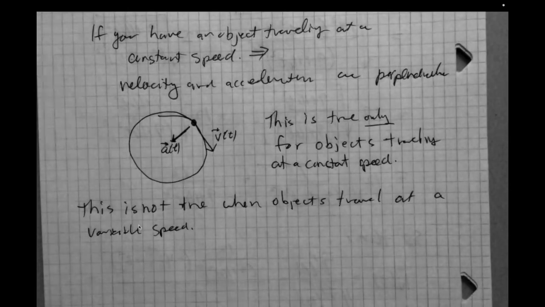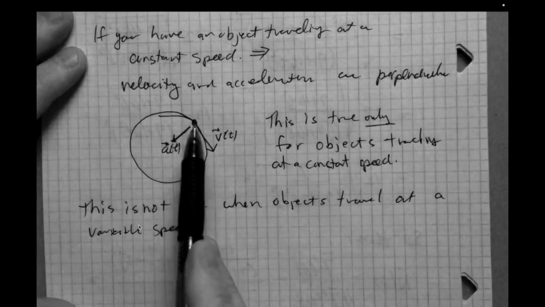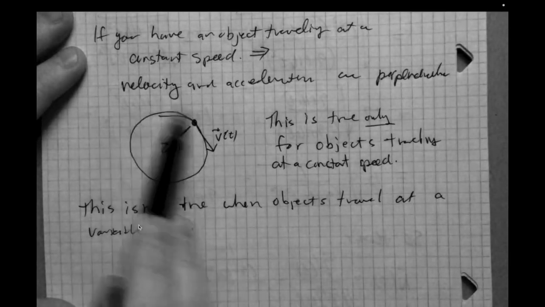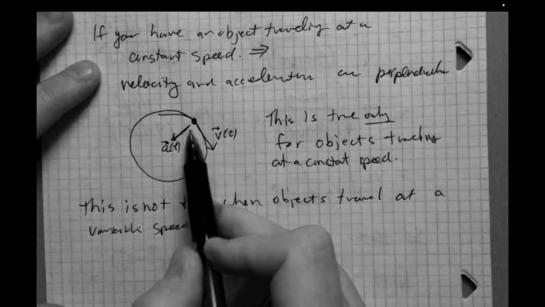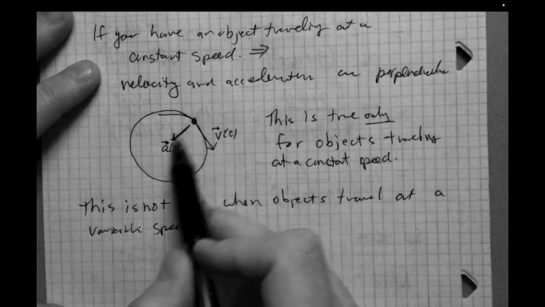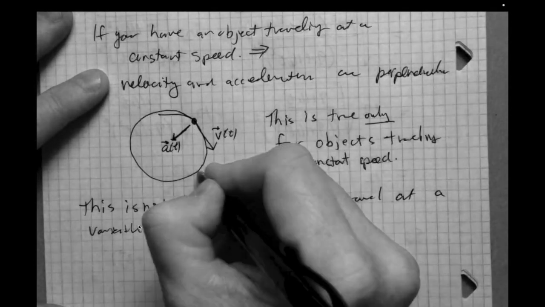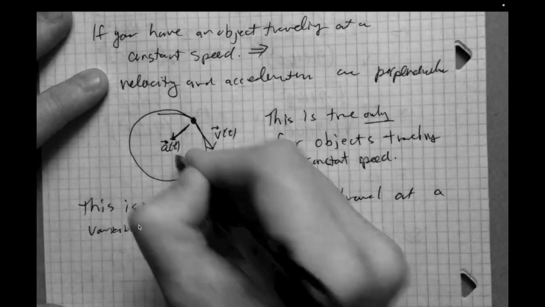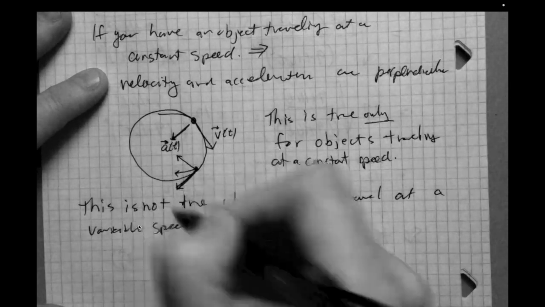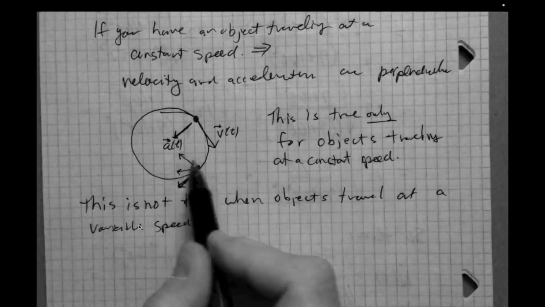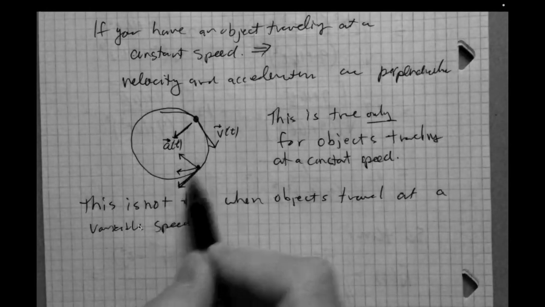Okay, so if our object had a speed that varied, then at times you would have the acceleration be perhaps totally orthogonal to the velocity, but at other times, perhaps, a part of the acceleration would be towards the center, but then also a part of the acceleration would be in the direction of the velocity. In this instance, what I've drawn here, the particle would be accelerating upward, or increasing in speed.